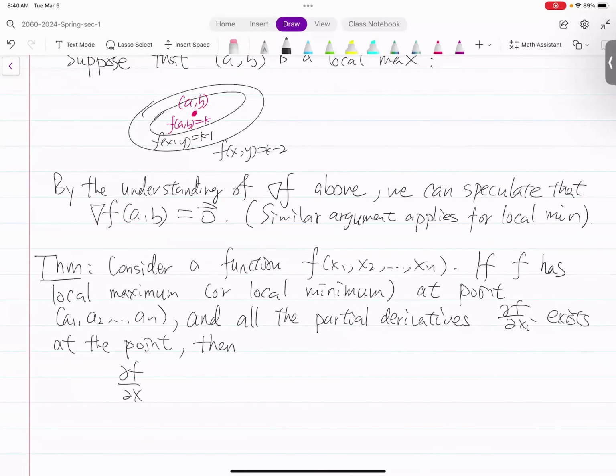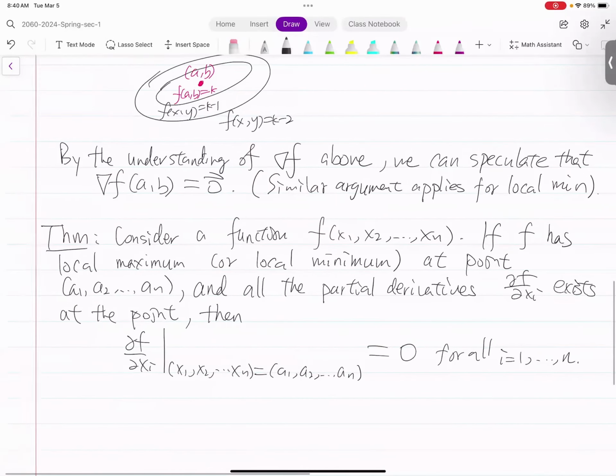Then del f over del xi at the point (a1, a2, ..., an) has to be zero for all indices i going from 1 all the way up to n.